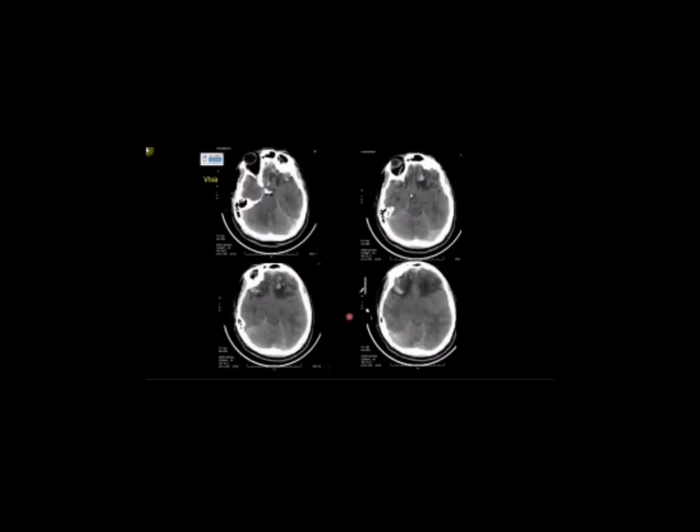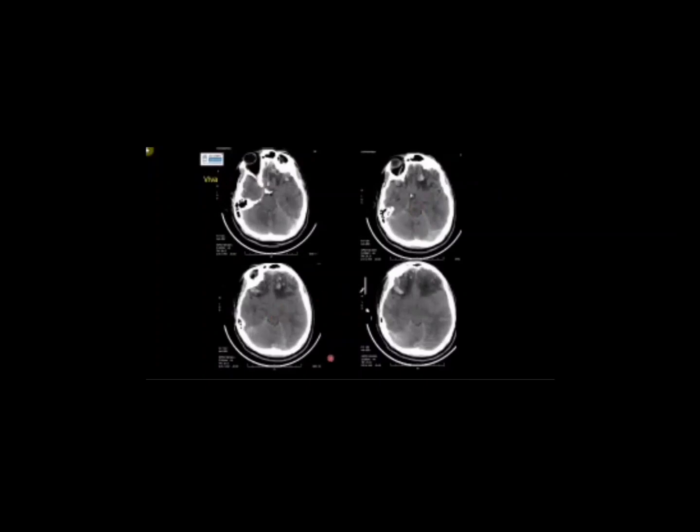But yeah, these are traumatic hemorrhagic contusions secondary to trauma involving the frontal and the temporal lobe on the left side. This is the midbrain. Are you happy with the midbrain, the shape of it?